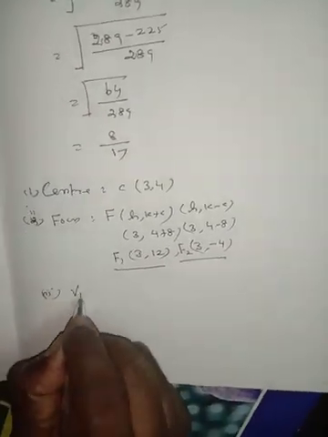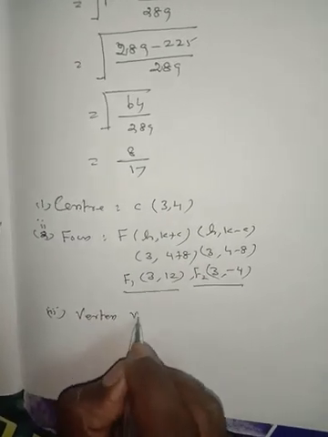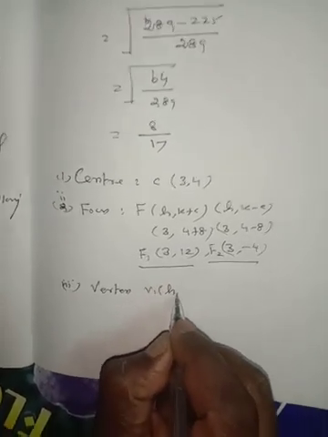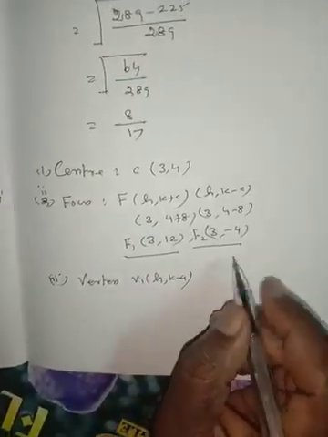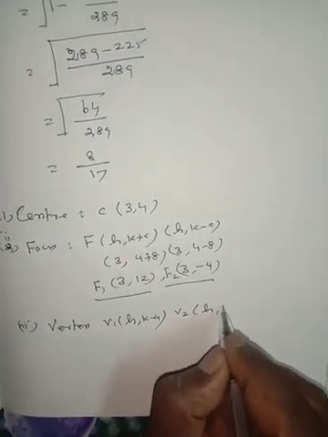Number 3, the vertices. V1 is (h, k minus a) and V2 is (h, k plus a).